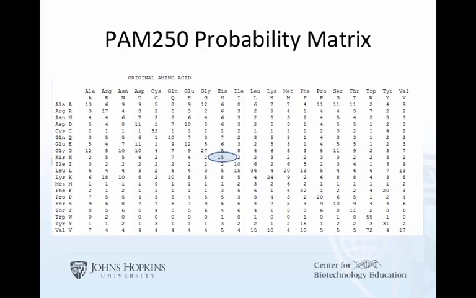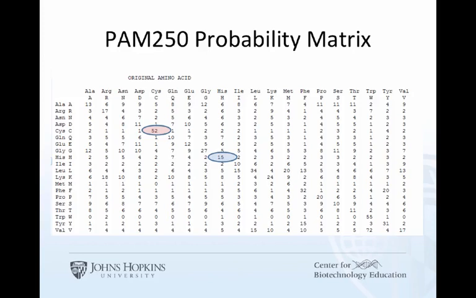So looking at this matrix, histidine is likely histidine 15% of the time. Some amino acids are even higher. Cysteine is important to protein structure because of disulfide bridges. So cysteine rarely changes in protein families because changes to cysteine are usually drastic. So it's 52% of the time that it's still cysteine.